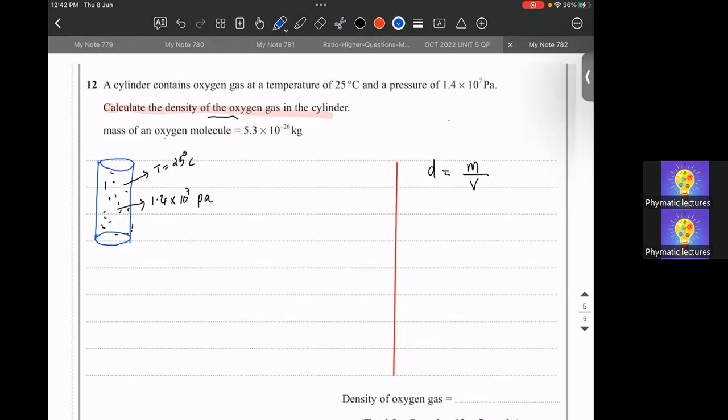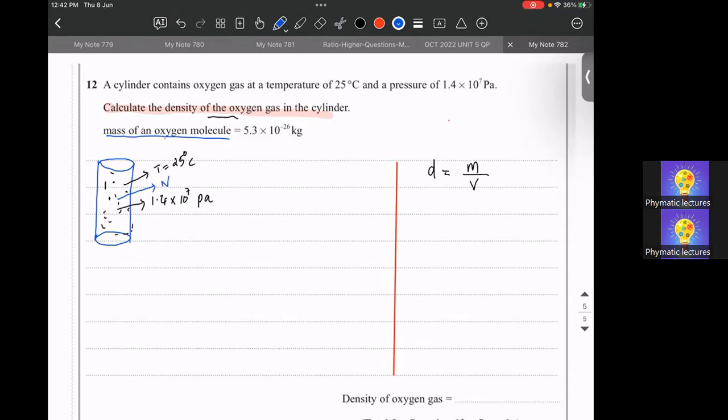Don't get confused with this mass. One piece of information is given, but it is not worthy to directly substitute. But we can use this to find the mass. How? Mass of the oxygen molecule: one oxygen molecule is 5.3 times 10 to the power of minus 26. So let this gas contain n number of molecules in the cylinder.